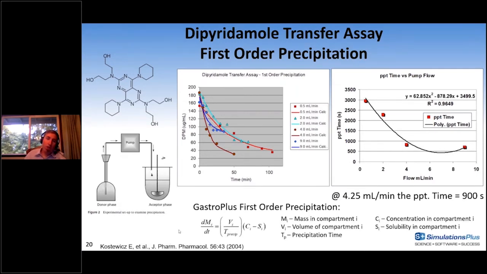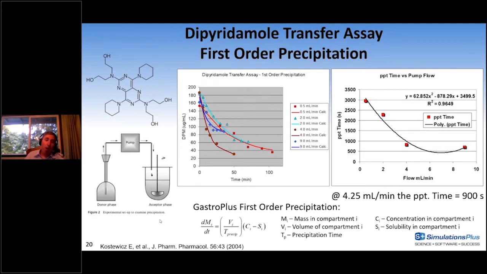The rate at which you pumped that drug into the acceptor phase really determined the level of supersaturation and then the resulting precipitation rate. So if you pump the drug in slowly to the acceptor phase, you get a lower level of supersaturation and you get longer precipitation times, 3,000 seconds at the lower flow rate of 0.5 mL per minute.